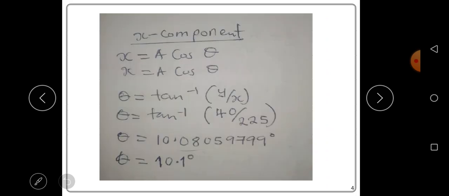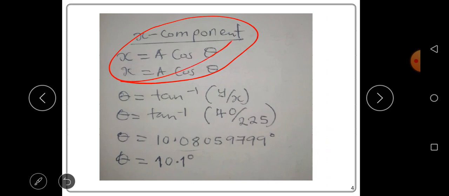To find the direction of the vector, you use the equation theta is equal to tan inverse of y over x, where y and x are the components of the vector. What was our y component?